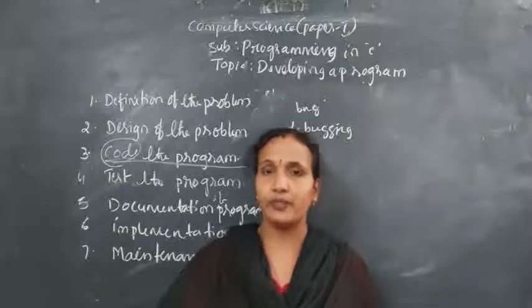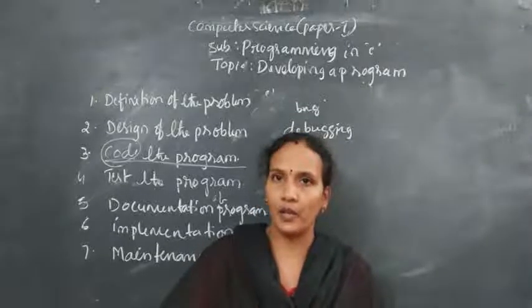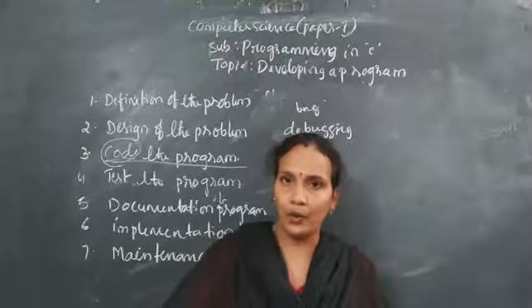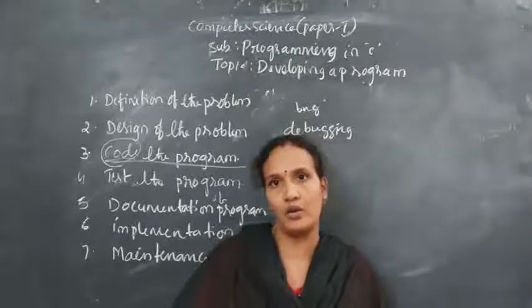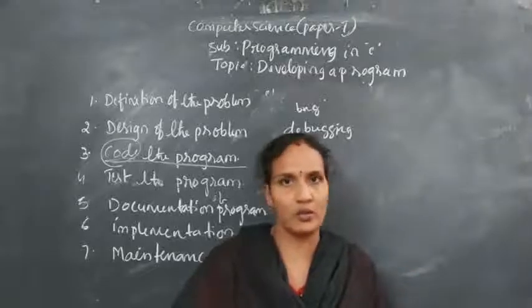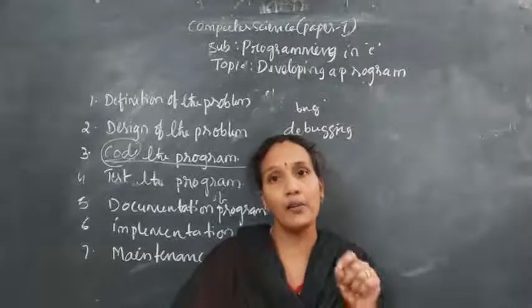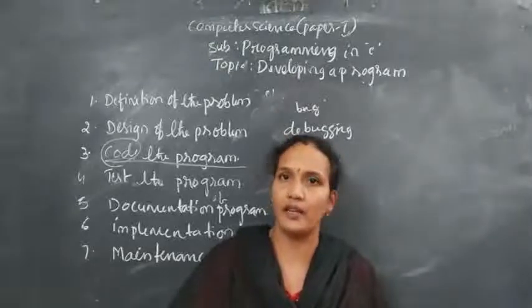But what is the main use of this fourth step? Whatever program you have written, it checks whether the program is designed according to the programming rules or not. If your program is designed according to the rules, that is correct, there is no error in that program. But if it is not designed according to the rules, then you will get an error.